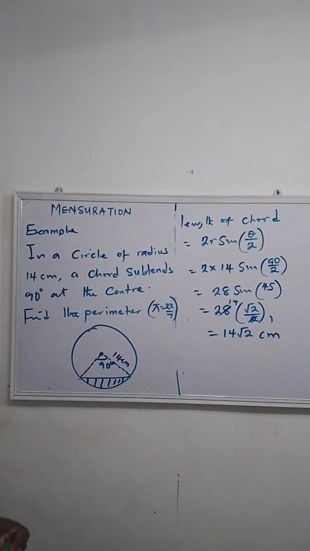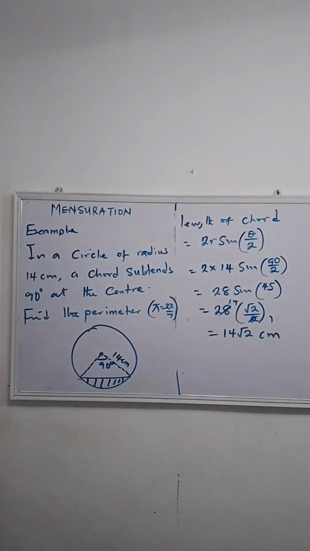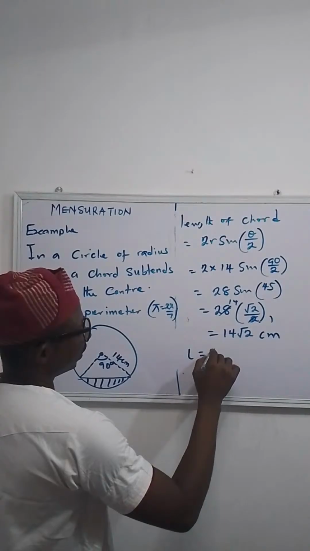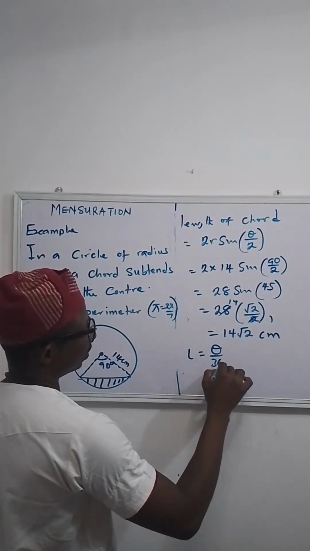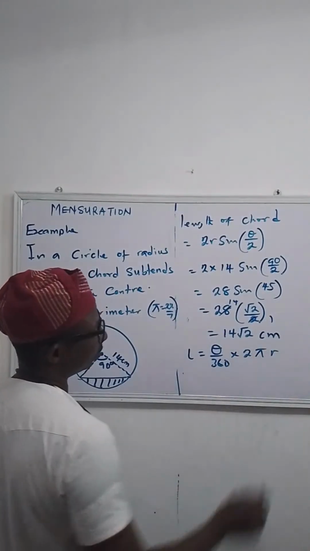Now, can we get the length of this arc? So, what is the length of arc? Length of arc is theta over 360 times 2 pi r.